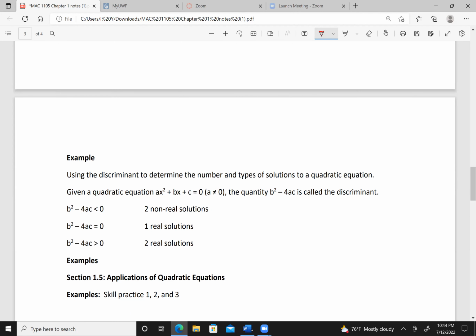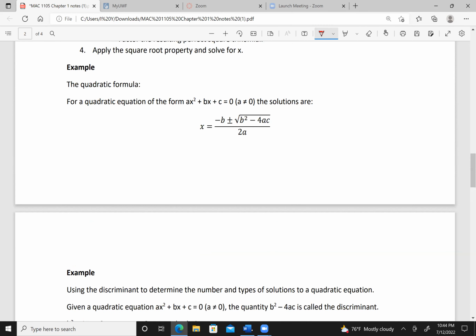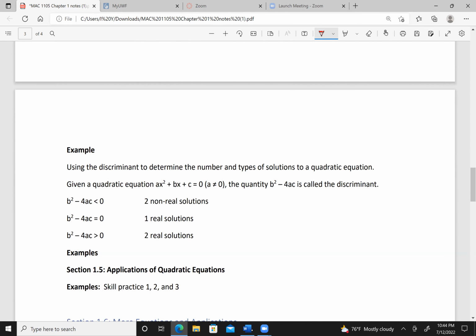Using the discriminant to determine the number and types of solutions to a quadratic equation. Again, given our quadratic equation, the discriminant is this part here under the radical. So we have 3 possibilities with our discriminant. If it's less than 0, we have 2 non-real solutions.